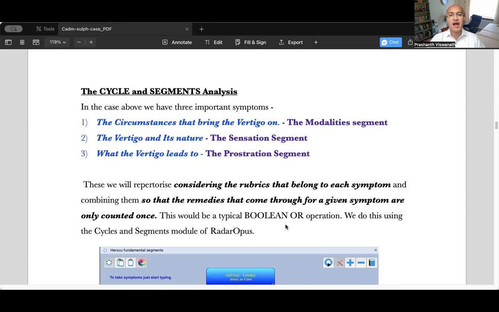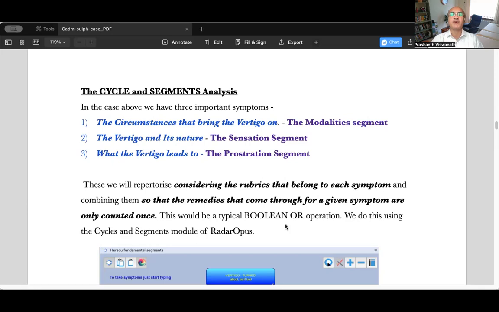And I also make use of certain tips that were given to me by Dr. Paul Herscu in the course that I am taking from him, wherein I can be reasonably confident that this is the remedy. So let us look at the cycles and segments analysis.